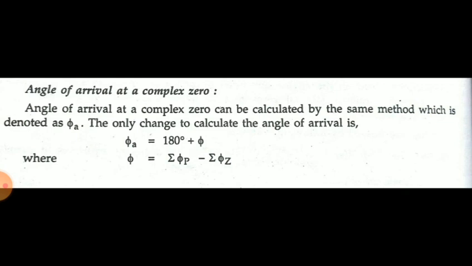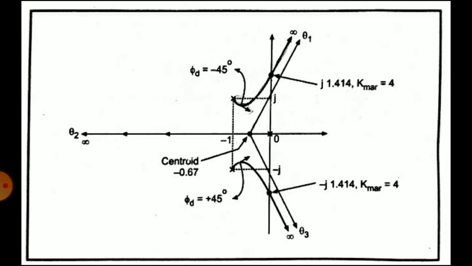Angle of arrival at a complex zero: there are no zeros, so angle of arrival is not required. Now see how it is drawn. So phi d is the angle of departure.